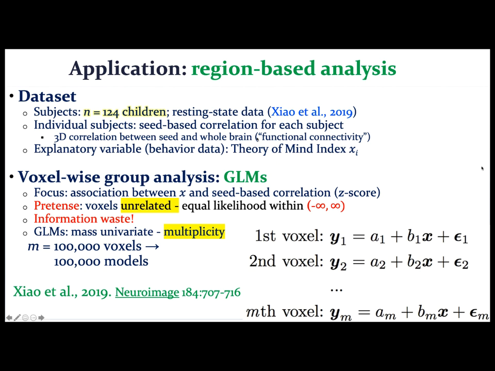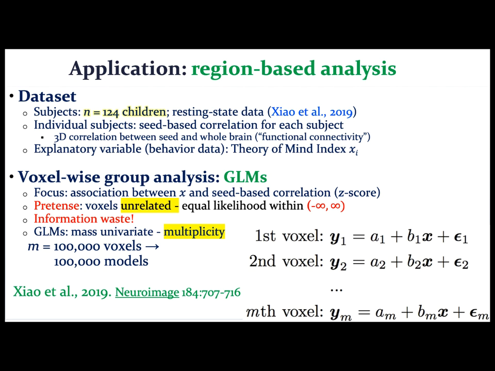With that approach, I already mentioned that we assume all those 100,000 voxels are independent. We pretend there's no information we can share. During the modeling, even though the neighboring voxels are correlated, and the residuals are correlated, we ignore that effect.